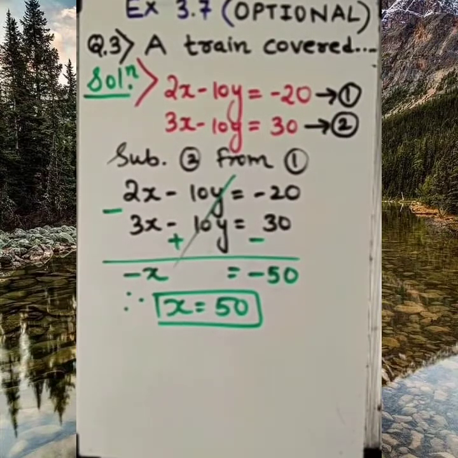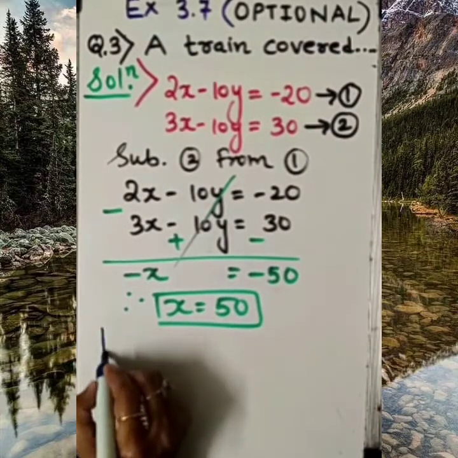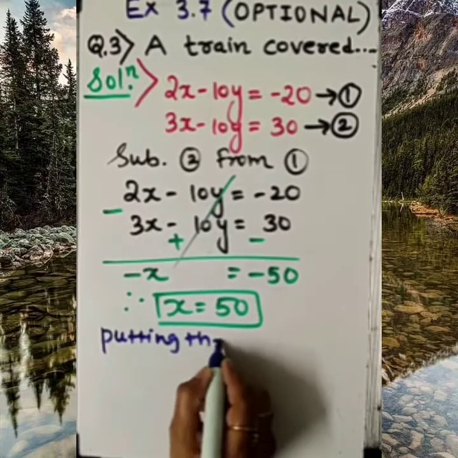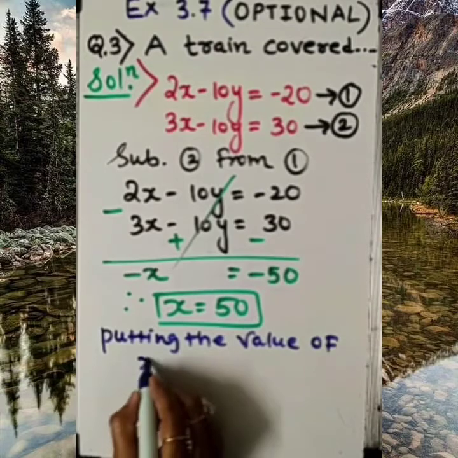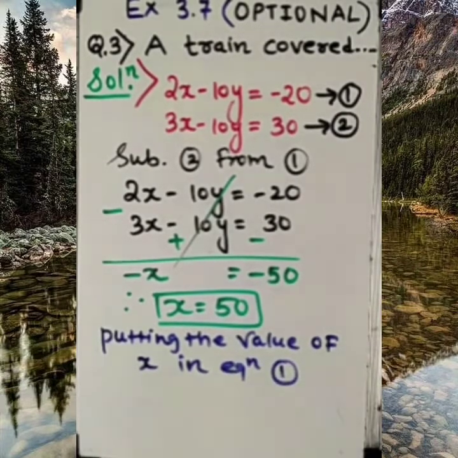Now you need to choose any one equation and put the value of x equal to 50 in it. So I am putting the value of x in equation number 1.